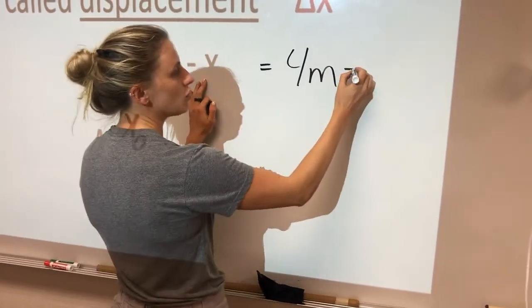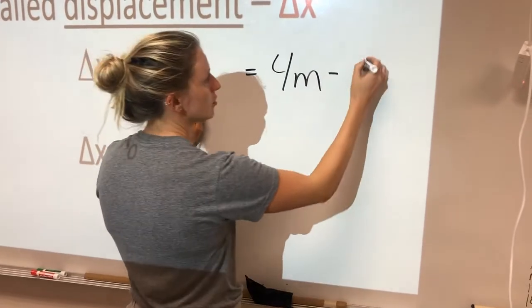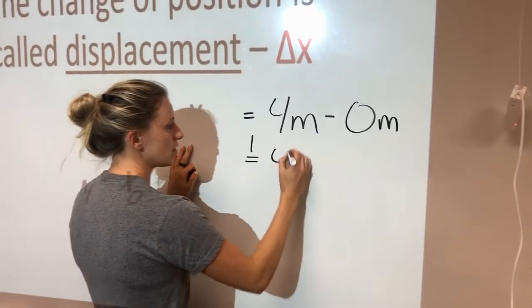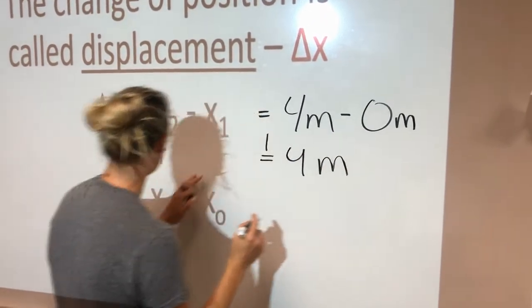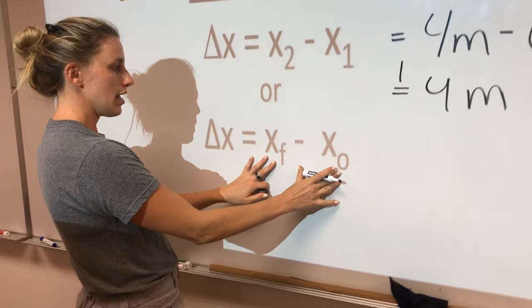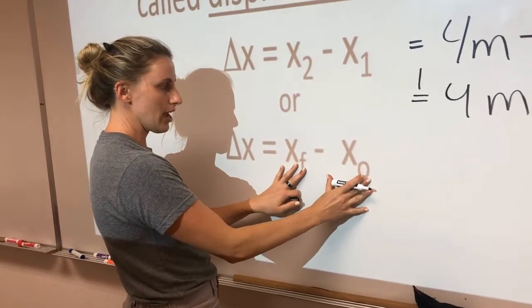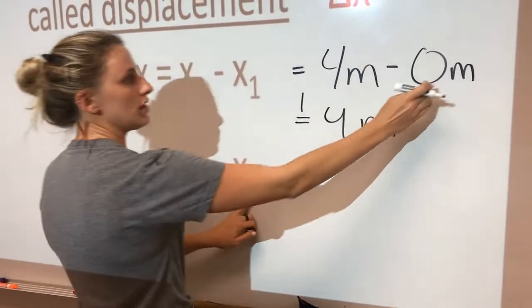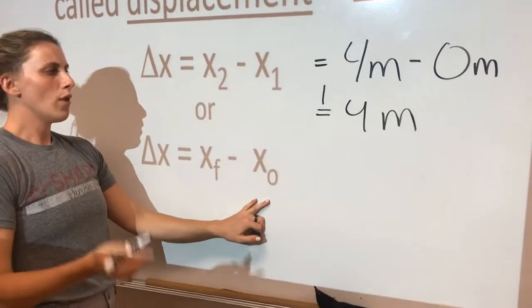And my original, I started at what we're going to call 0 meters. 4 meters minus 0 meters is 4 meters. All right, sweet. Okay, so again, we can do this the exact same way with final being this one and initial being that, all right? But what happened when I walked the other way?